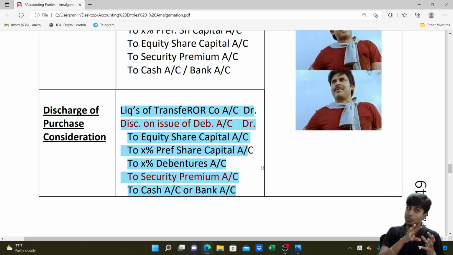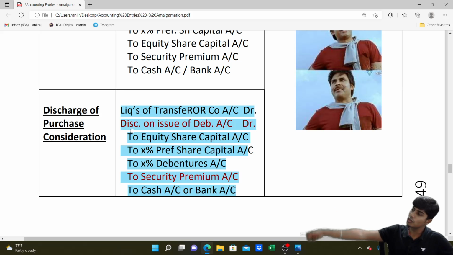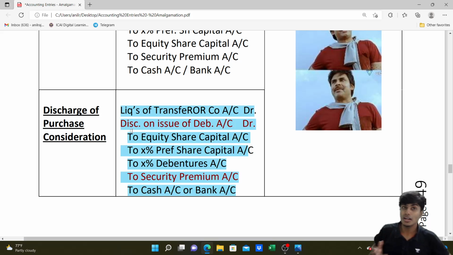I told you we should not try to account security premium or discount separately. Why? It is shares of transferee. If someone has to book security premium, someone has to write discount on issue, it is transferee, not transferor. Done. And this PC is given to liquidators, and liquidators will give it to equity shareholders and preference shareholders. But what about debenture holders?